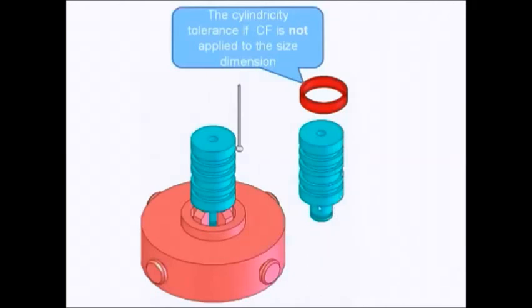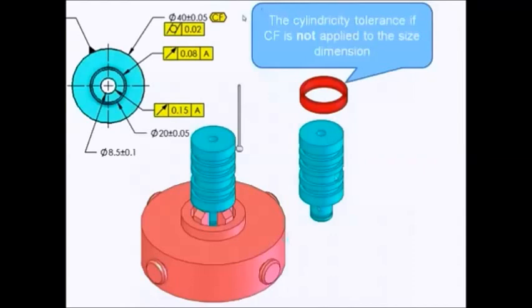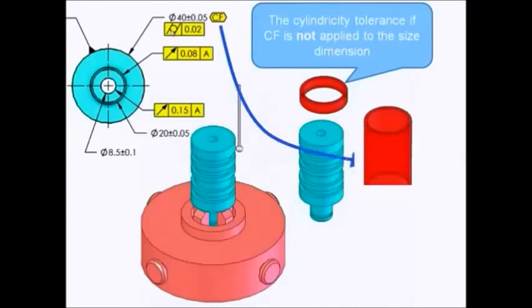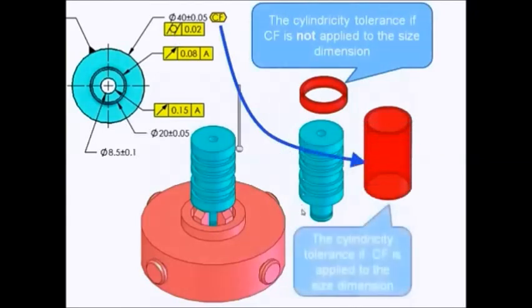In 2009 we were given the continuous feature symbol, CF. Now I can add that, and it says treat those 5 diameters as though they were one continuous feature. If I do that and add a cylindricity to this, the cylindricity zone will apply to the entire length of those 5 features.